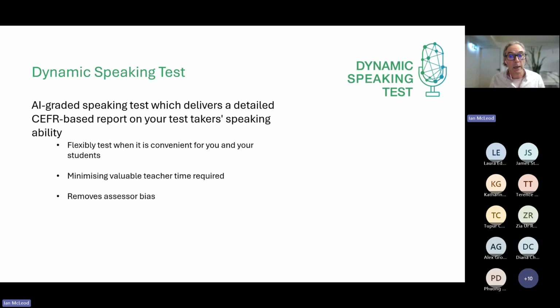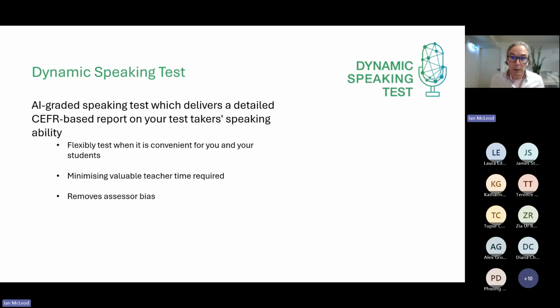Potentially a very time and resource heavy exercise, always with that risk of test taker bias from the person giving the test.